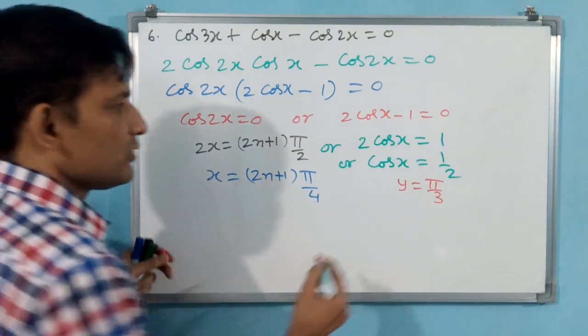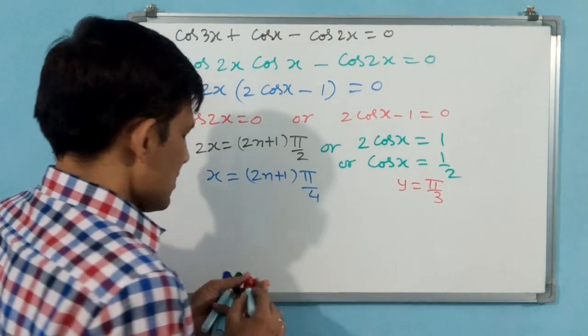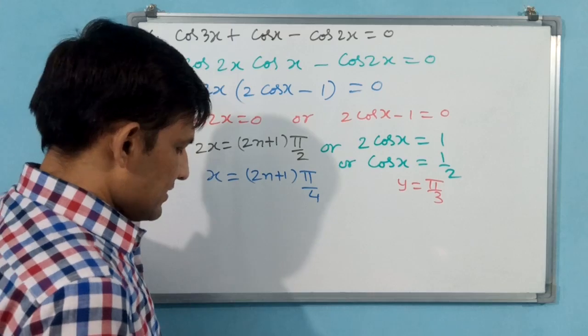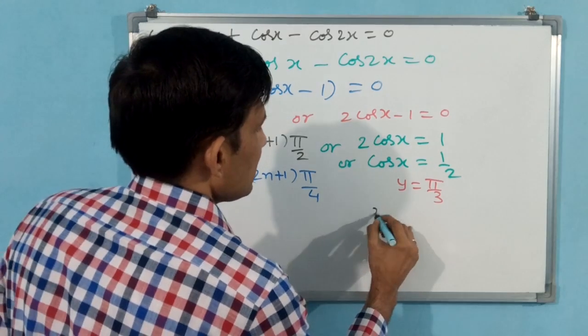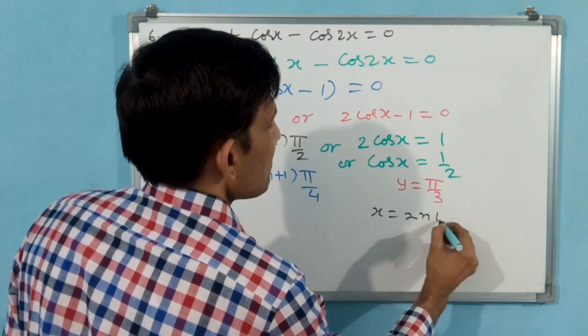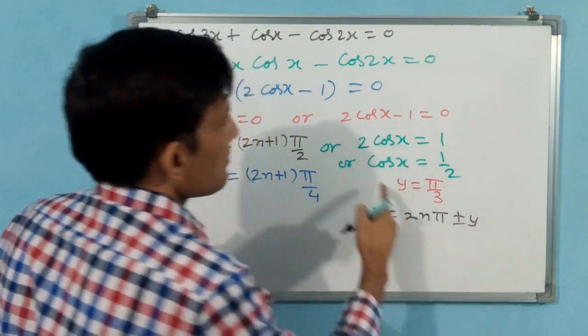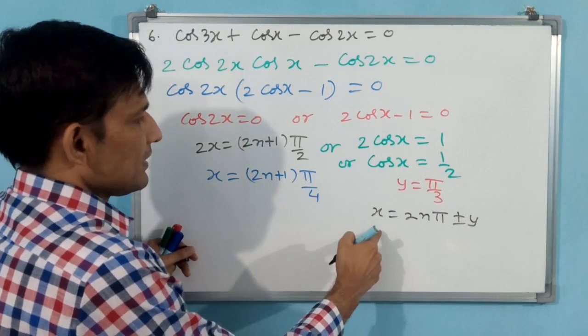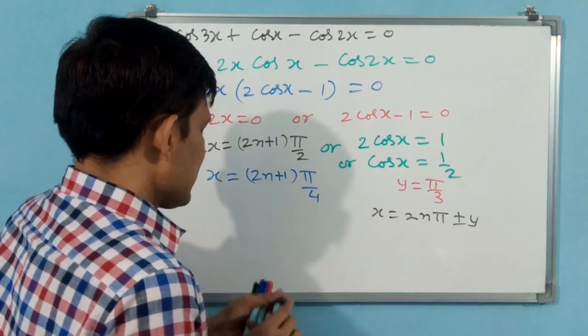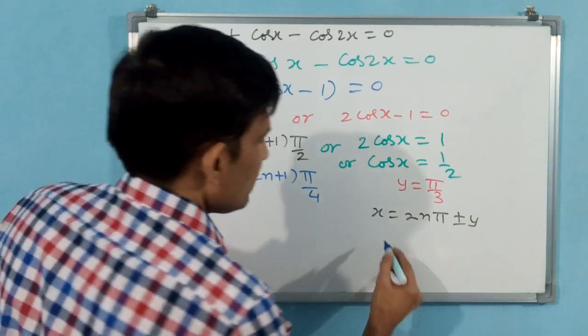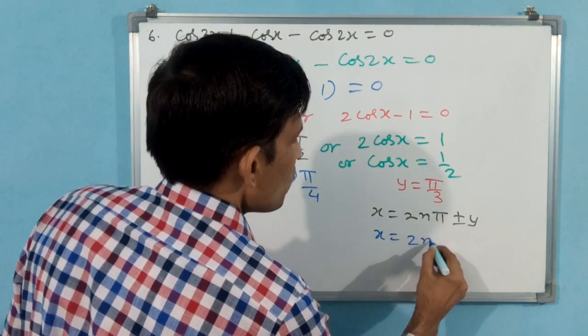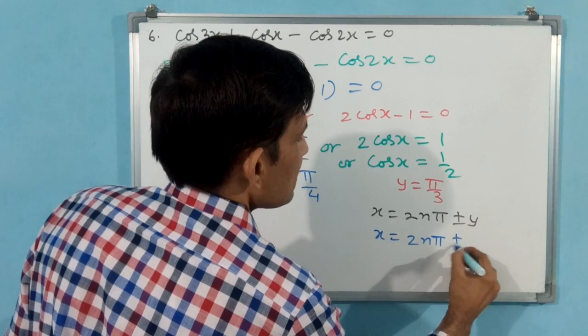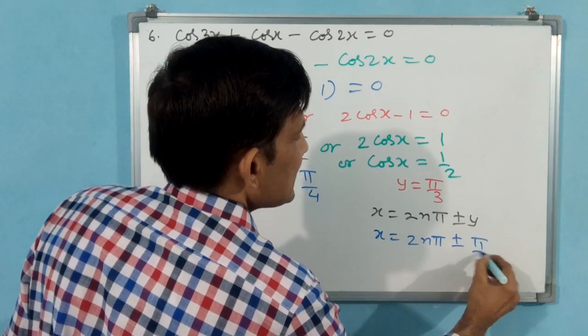Now you write general solution equation first. See, first you write like this equation. X is equal to 2n pi plus or minus y. Why? Because for cos you are writing. Okay. Then finally you write x is equal to 2n pi plus or minus y, means pi by 3.